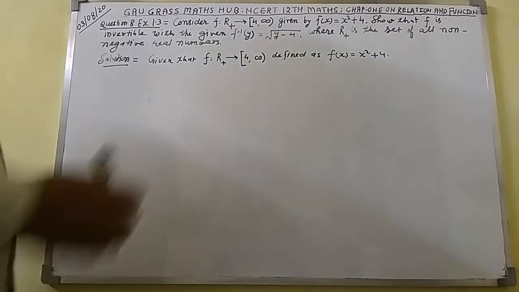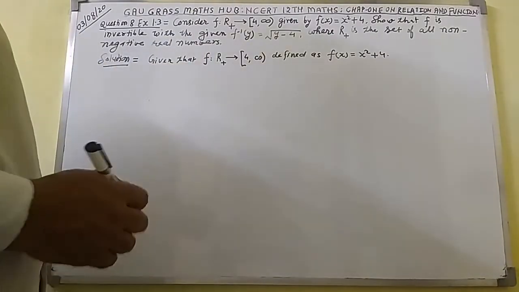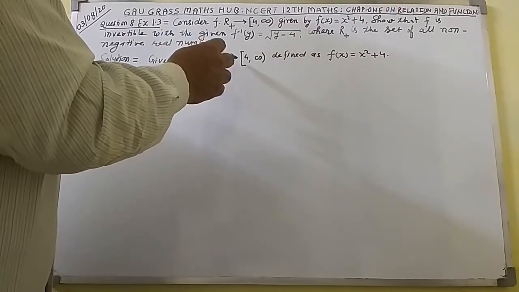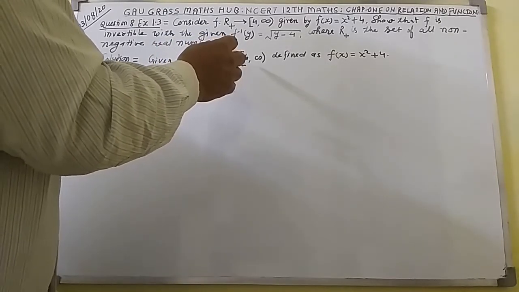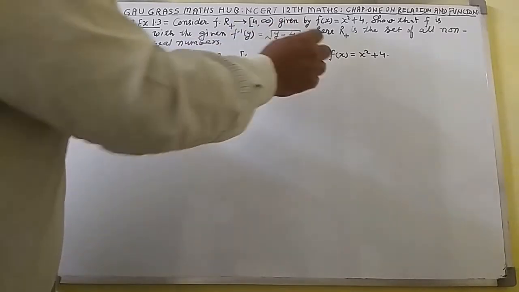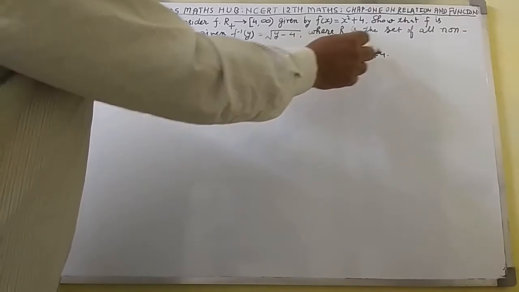This is the function. f is a function from the set of positive real numbers to the closed interval [4, ∞), defined as f(x) = x² + 4.